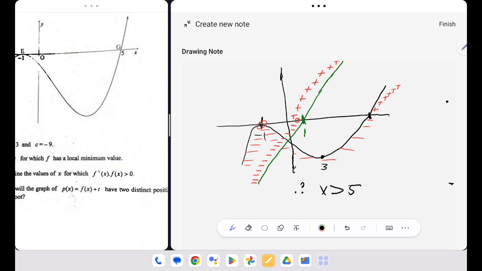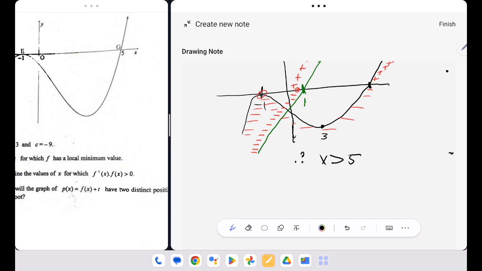Are you together? But for the second derivative, it starts being negative when x is less than 1. When x is less than 1. So I can just say here x is less than 1, but x cannot be negative 1.